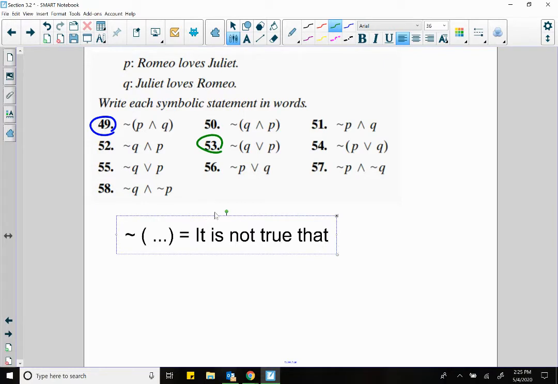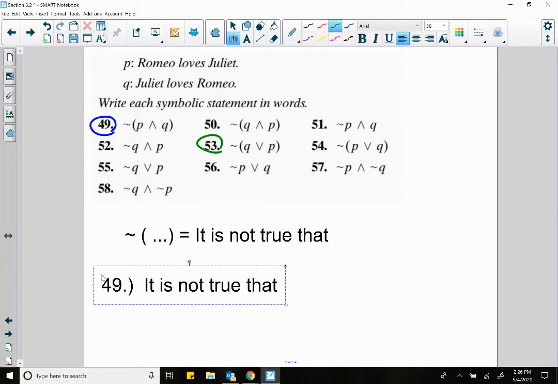Now there is another way to write this. You'll see it soon enough, and we'll talk about that when we get there. But right now, I want you to just know that whenever you have negation parenthesis, you're starting with, it is not true that. So if I looked at number 49, the statement will read as such. It is not true that, and then now I put in the stuff inside.